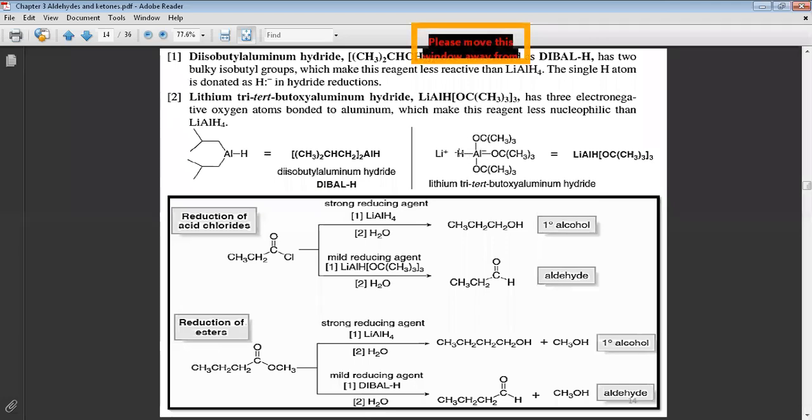It will be a weak nucleophile, and for this reason it will be less reactive than lithium aluminum hydride. It will be a mild reagent.